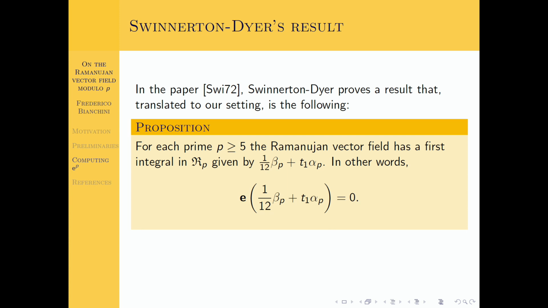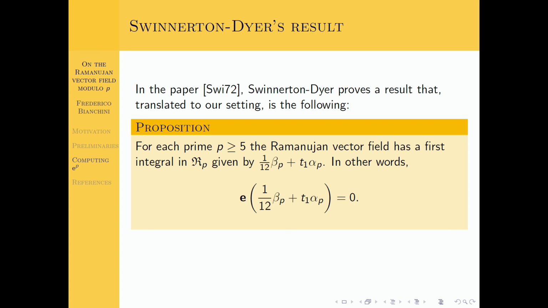And now we start using stronger results that were given by Swinnerton-Dyer in his paper from the 70s. The paper is a bigger picture actually. He's doing some kind of modularity for modular forms to prove congruences between the tau coefficients of the discriminant function.